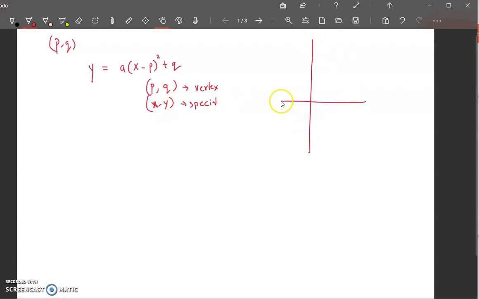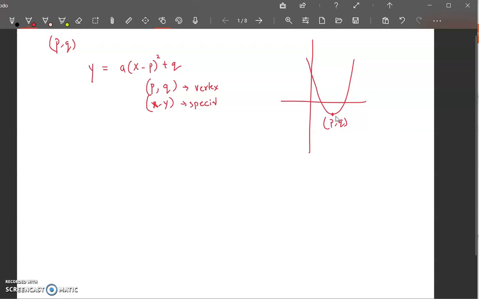So if we have a graph like this, the x and y values are x and y, but we call them P and Q because they represent a very, very important part of your graph. Remember those 5 things we learned about a graph, and the vertex was one of them.